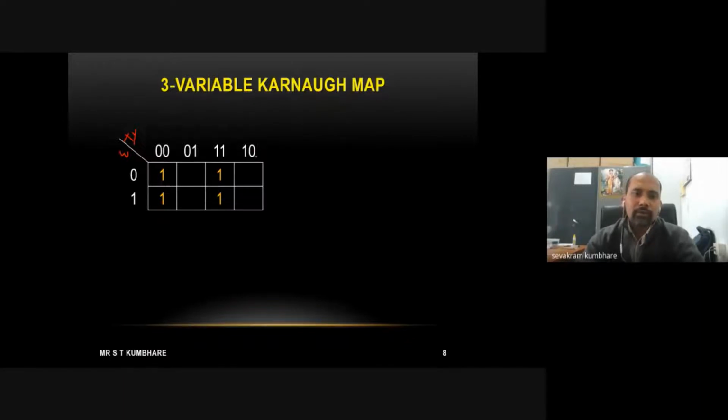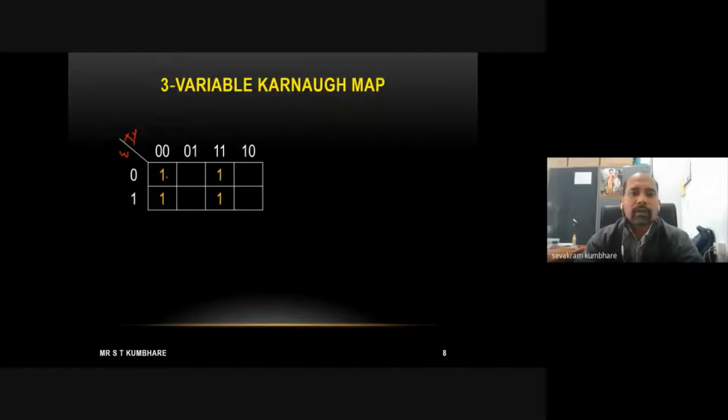Now what we have to do? We have to club the cells. How many cells are there? Can anyone tell me? In this K-map, how many cells are there? 8 cells, right? So in this K-map, we have 8 cells. Now we have to form the grouping.